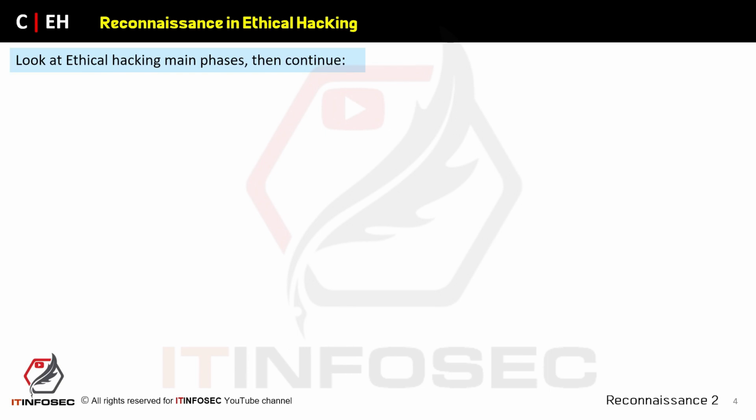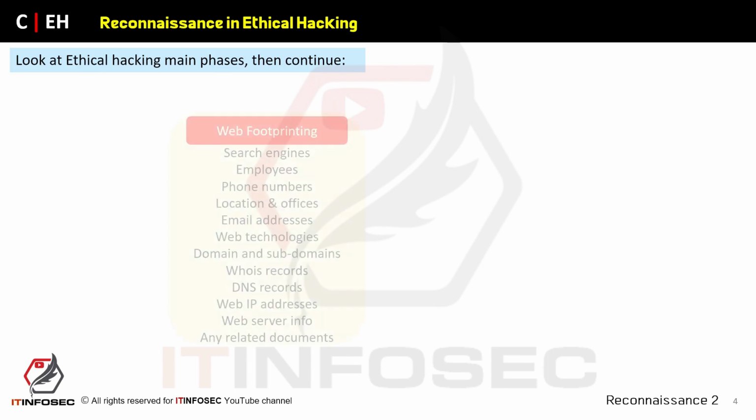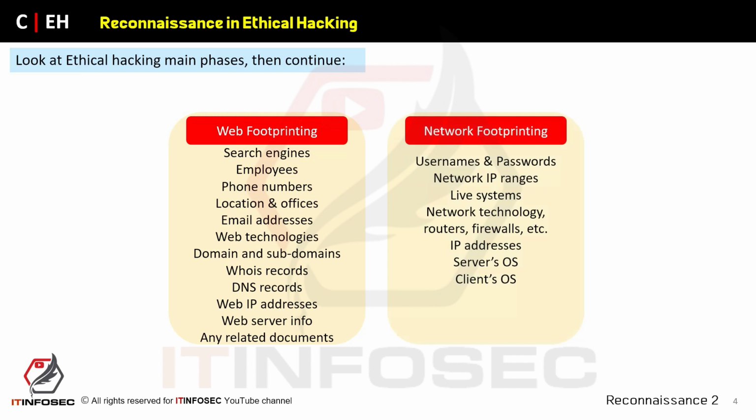As you remember, I spoke in previous videos about two main parts of ethical hacking or penetration testing. Maybe the first type of target for your contract, for your ethical hacking agreement, is web-based, and maybe the second is network-based.